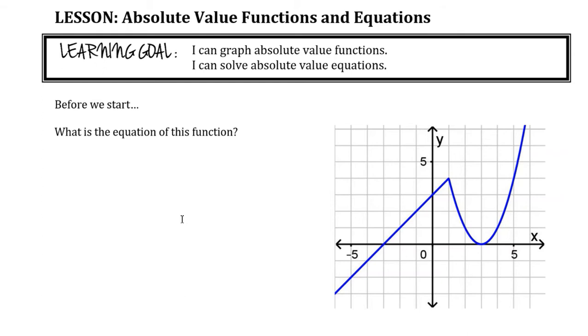Do you think that in the real world, most situations are going to be modeled by a single function? Like, no, of course not, right? There's no way that a single cubic function or quadratic function will be appropriate to model an entire situation.